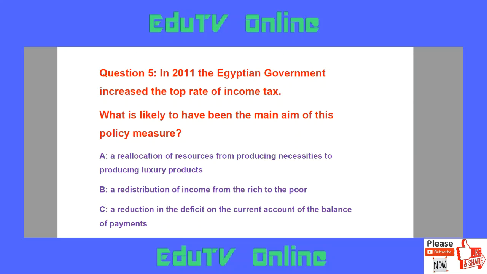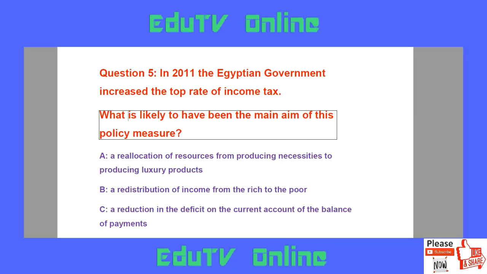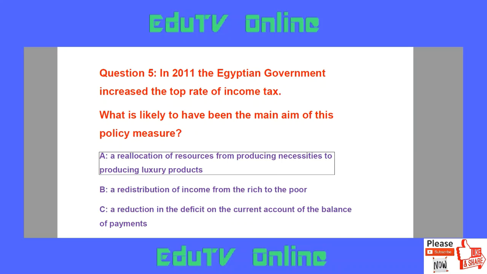Question 5. In 2011, the Egyptian government increased the top rate of income tax. What is likely to have been the main aim of this policy measure? A. A reallocation of resources from producing necessities to producing luxury products. B. A redistribution of income from the rich to the poor.